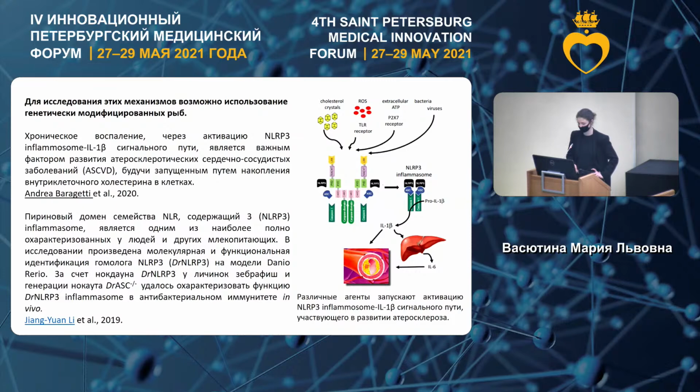In the study, there was molecular and functional identification of the Danio rerio homologue, and due to homology and generation of knockout Danio rerio, we could characterize the function of that homologue in antibacterial immunity in vivo. This is a scheme of pathogenesis of that signal pathway in reference to atherosclerosis.